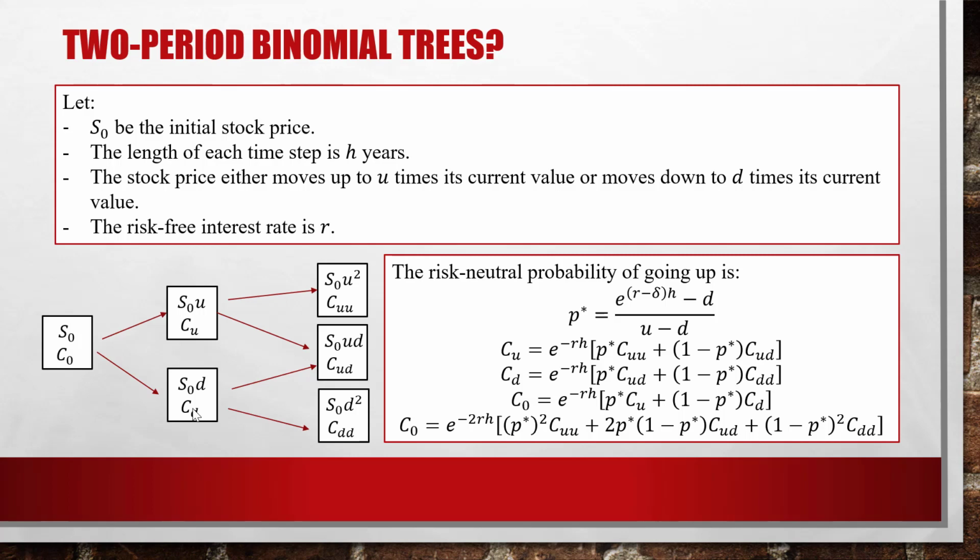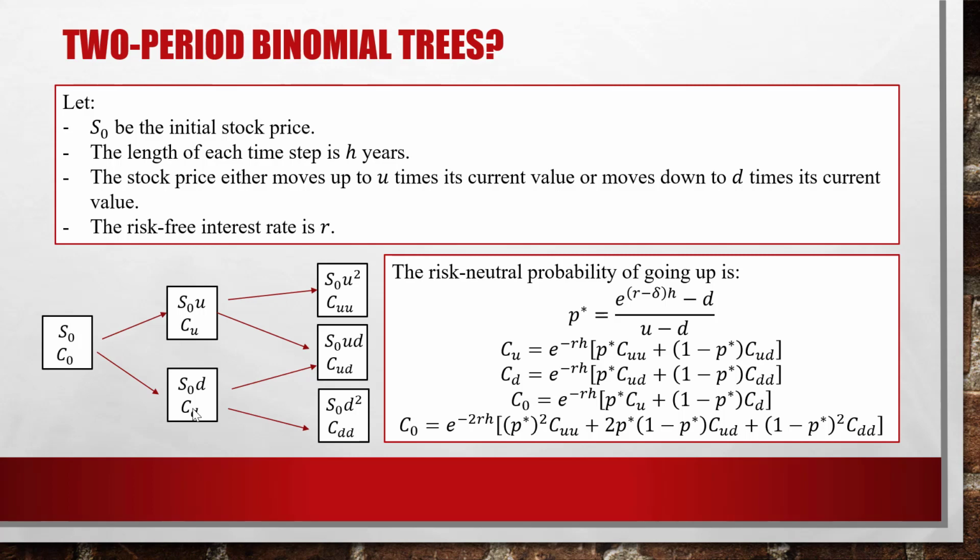Then the payoff at time 1, in case the stock price moves up, is Cu, which is calculated by e to the minus rh times p star Cuu plus 1 minus p star times Cud.